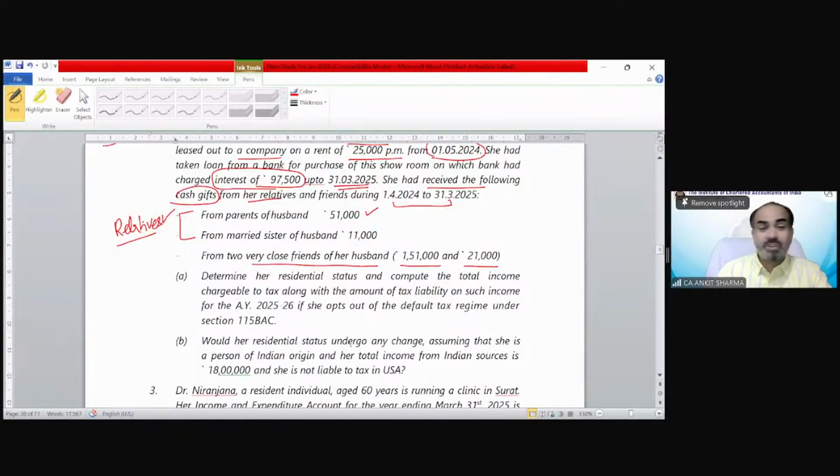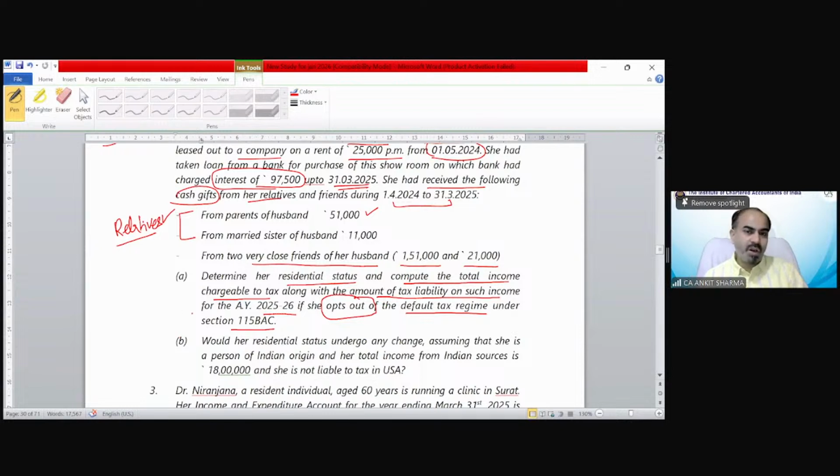And now the question: determine her residential status and compute the total income chargeable to tax, along with the amount of tax liability on such income for assessment year 25-26, if she opts out of default tax regime under section 115BAC.